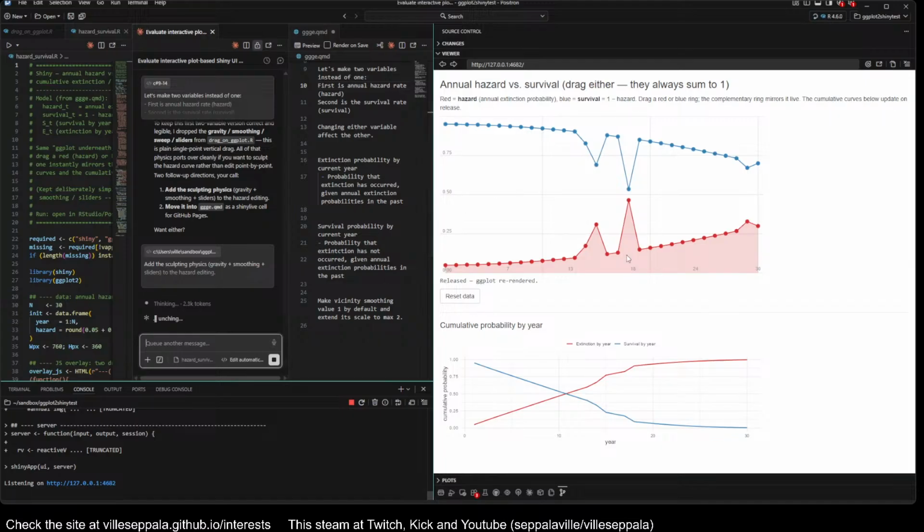If you're making calculations on the fly, it can get pretty heavy, I think. So let's see what's.